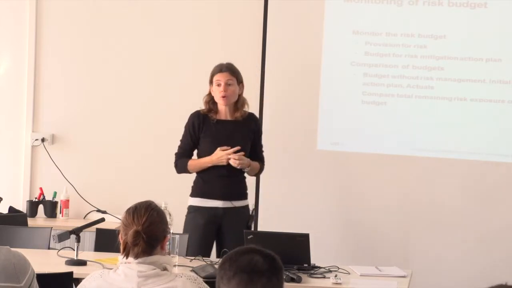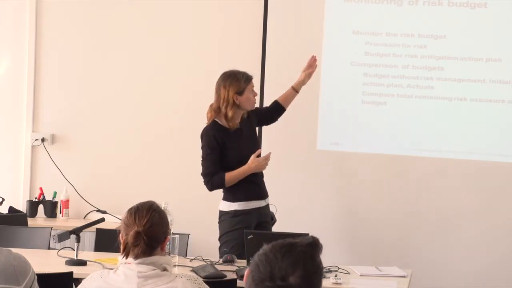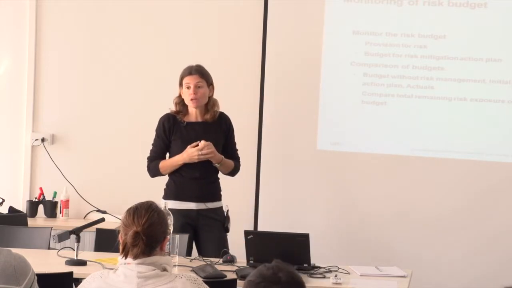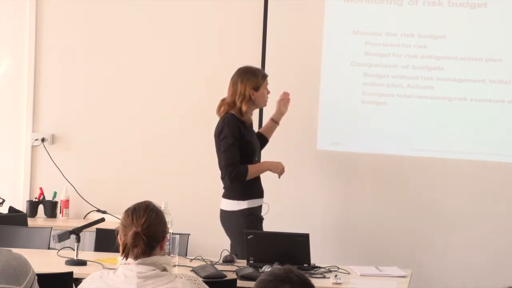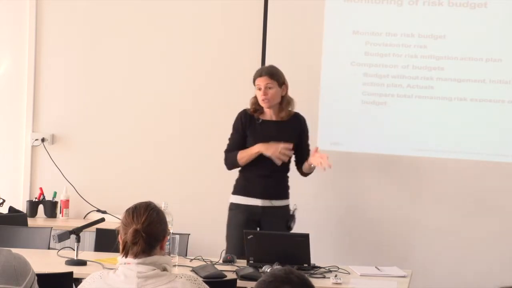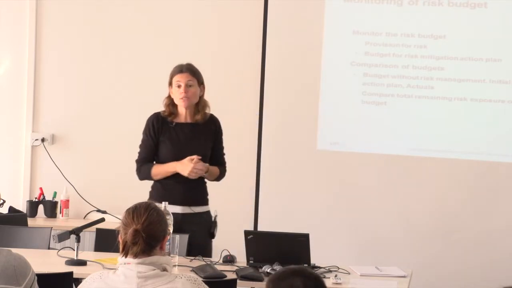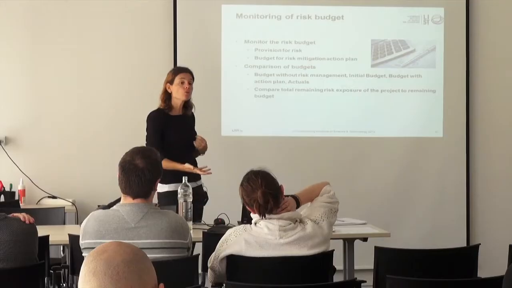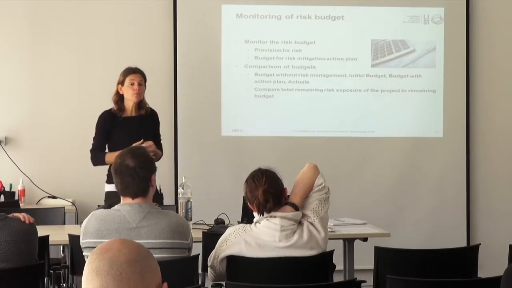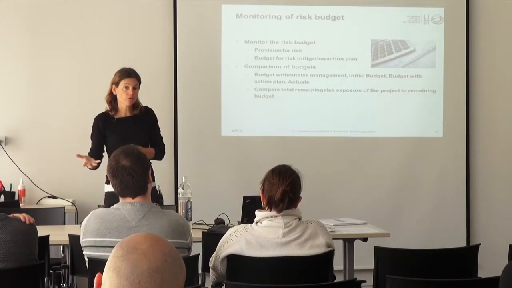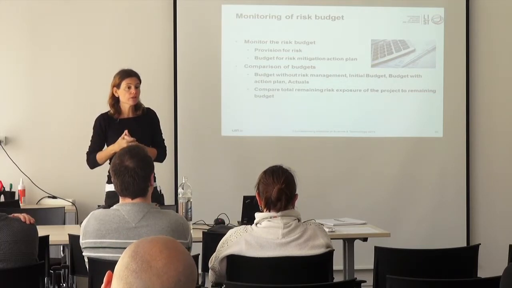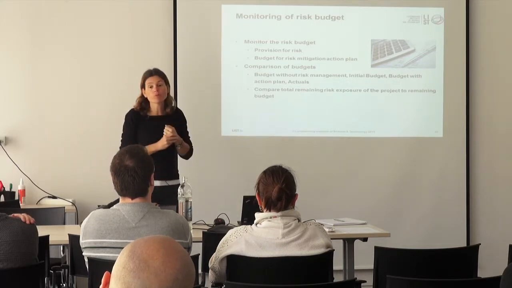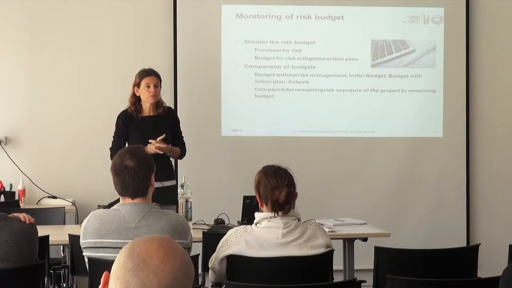During the course of the project, if you have defined some provisions and some budget for your mitigation actions, of course you need to monitor these budgets. So define the initial budget, compare it to the actual costs and see what is remaining, so that if there is a new risk coming and you've identified a new mitigation action, you know whether you can take from that action budget to mitigate that risk, or whether you can take from the provision that was there but not defined precisely.